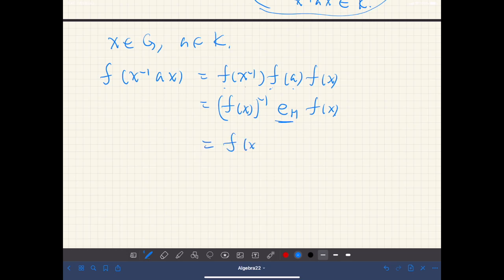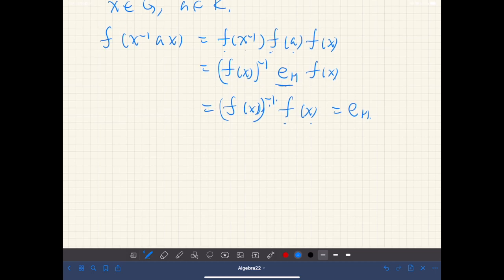We have f(x) inverse and f(x), which is E_H, the identity element of H. Therefore, x inverse a x is an element of K, because any element that is mapped to the identity of H belongs to K by definition. So, therefore, K is normal. And we are done.